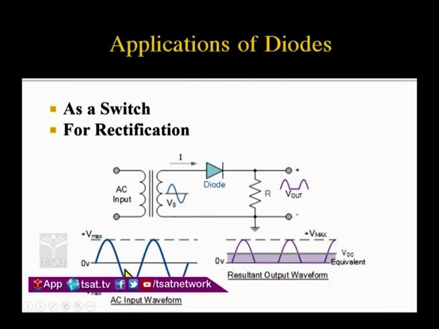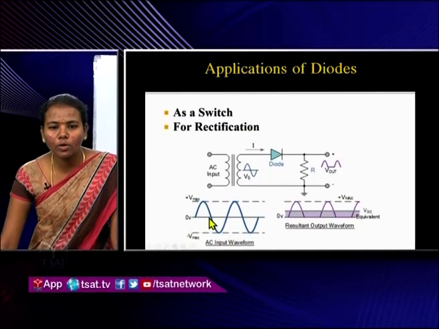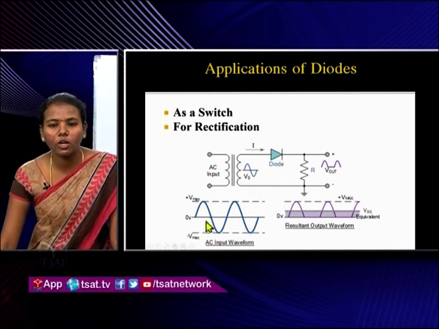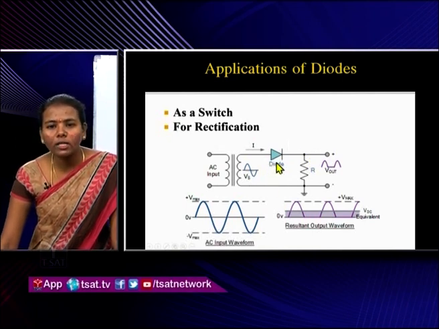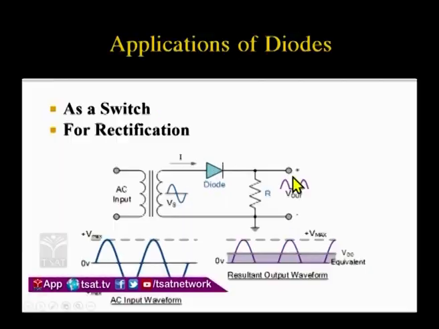When you apply the negative half cycle, the diode will be reverse biased, because negative is connected to positive, and it will be open circuited. It acts as an open switch in reverse bias, so the diode will not allow the input to flow to the output. So you are allowing only the positive half cycles to move to the output.